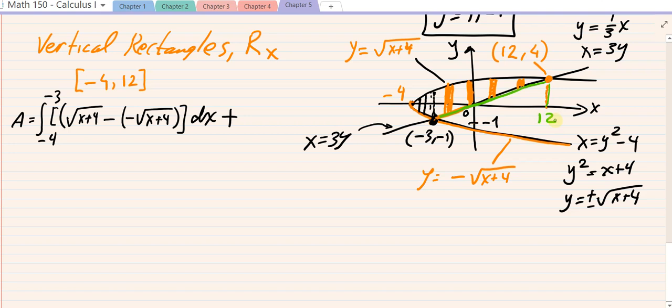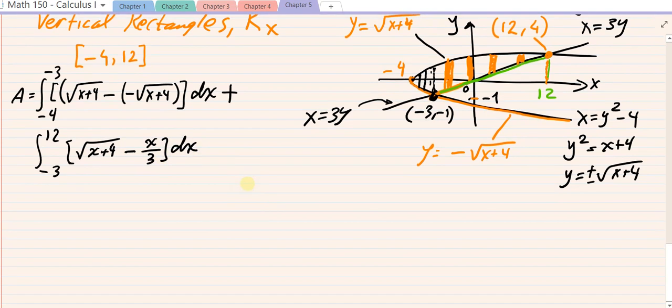So over the rest of the interval from negative 3 to 12, the function above is the positive branch of the parabola, root of x plus 4, minus the line, x over 3, dx.